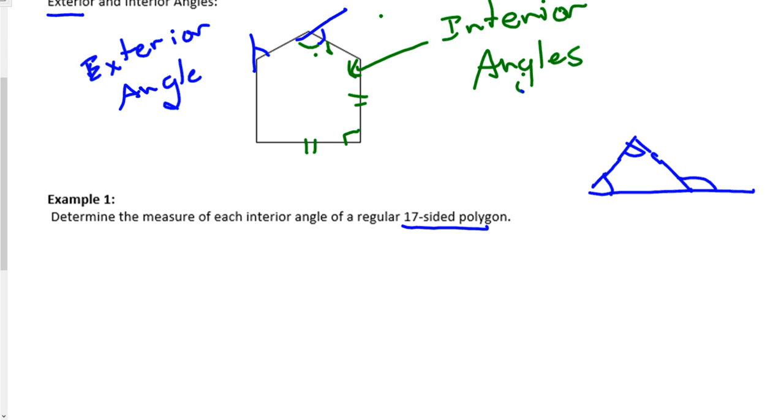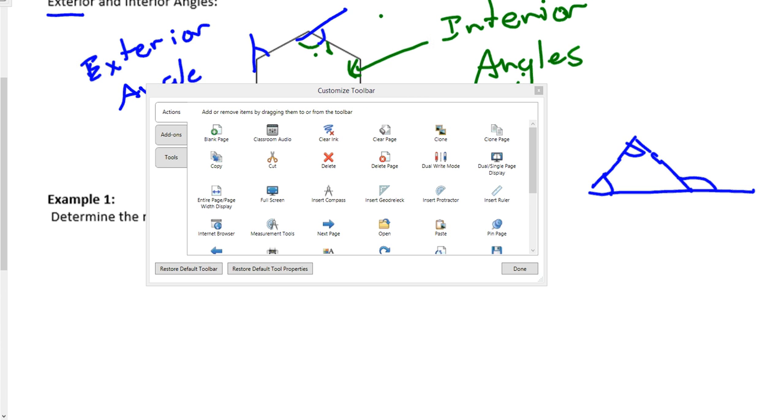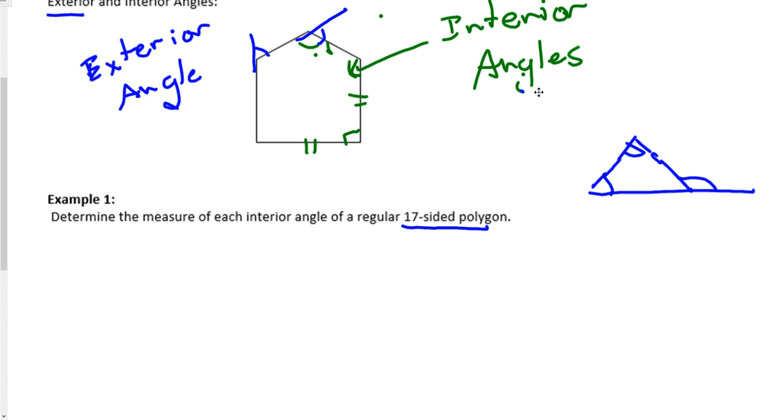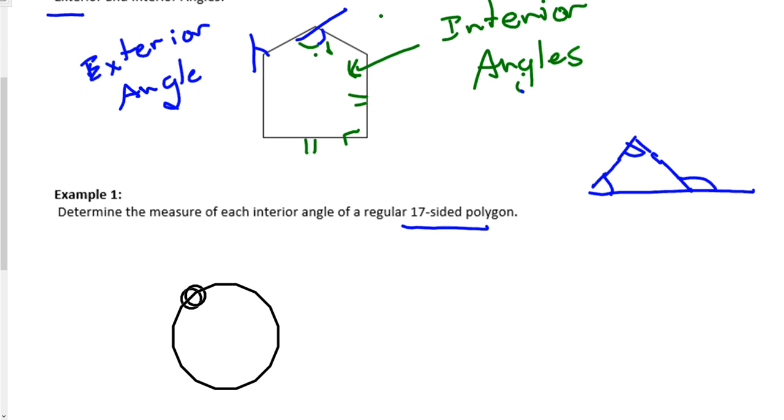The biggest that I can draw is a 16-sided polygon, and I'm not actually drawing it. That's coming from a computer program here.